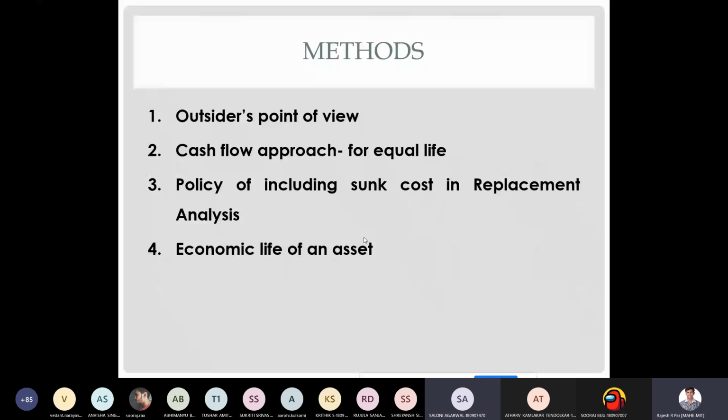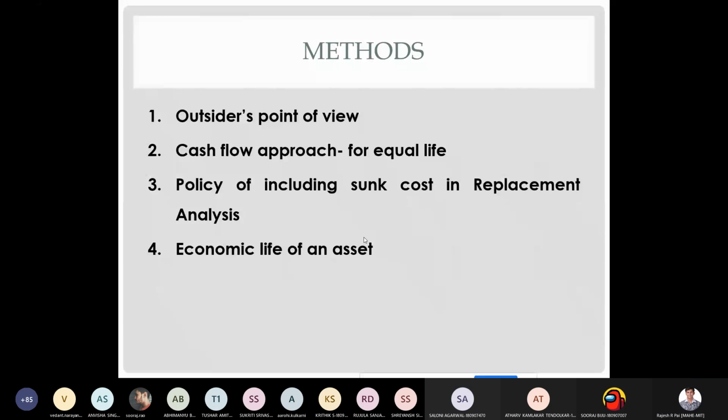And economic life of an asset, in the sense you are going to find out the time period or the year at which the company can decide on replacing the machine. This economic life of an asset will be calculated based on annual operating cost and the capital recovery cost.